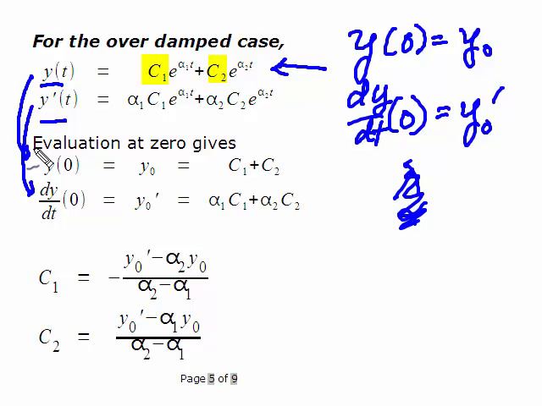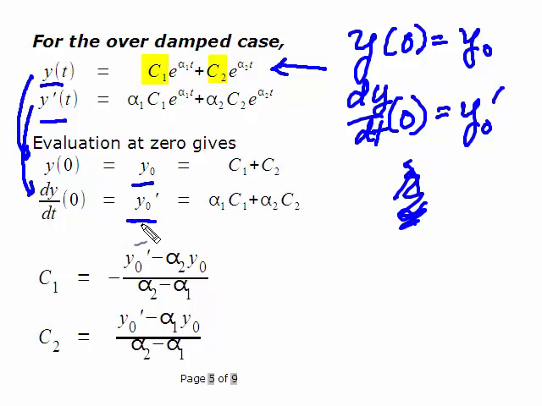I'm writing these steps because I've seen some very good students balk at this step, at how to evaluate these constants. As soon as you see it, you'll see it's quite obvious. I evaluate these two equations, the value of the solution and the value of the first derivative at 0. I know from the initial conditions they have these values, but right now of course there are no numbers for them.